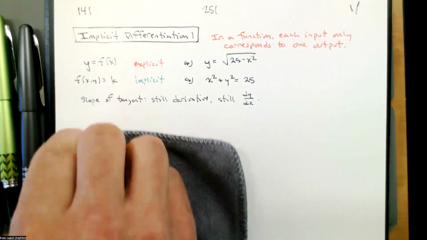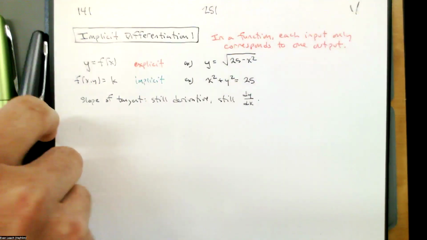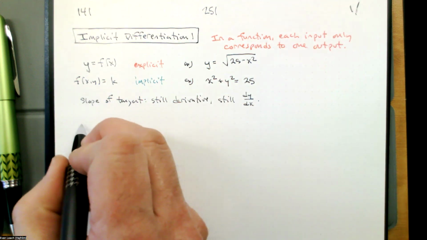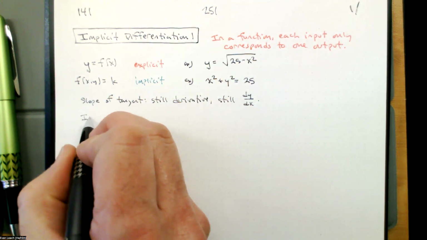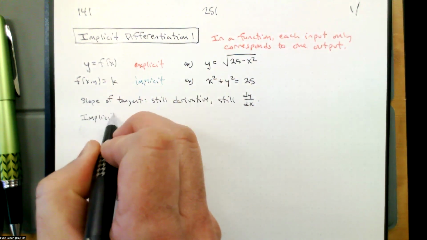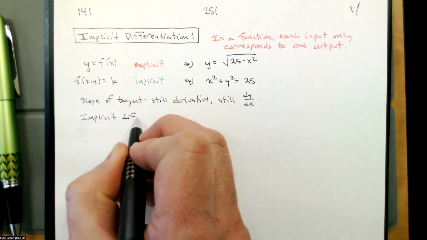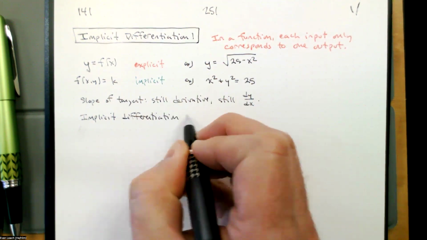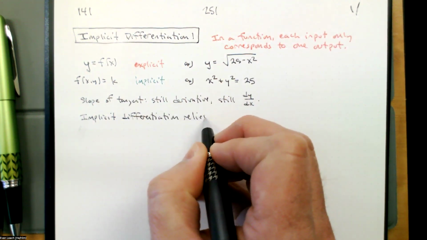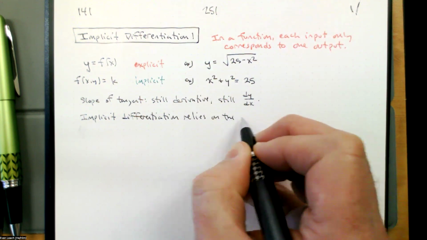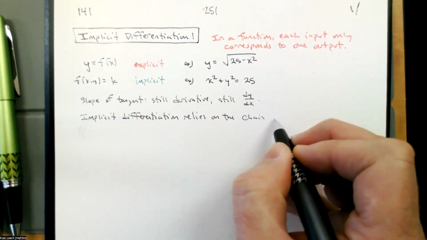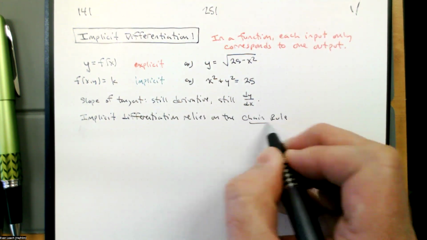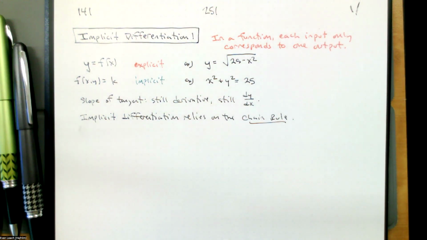And implicit differentiation is based on the chain rule. So the machinery behind this implicit differentiation thing is the chain rule.